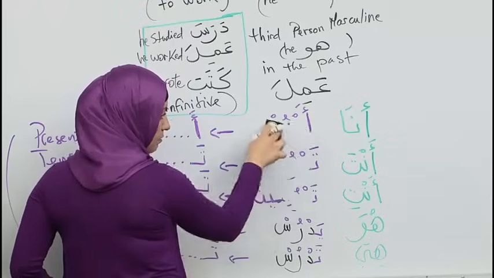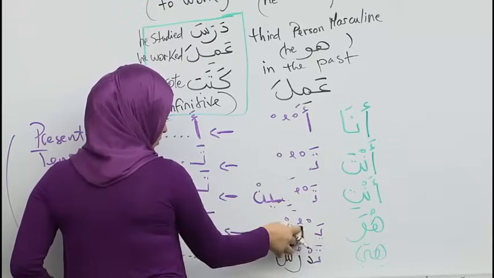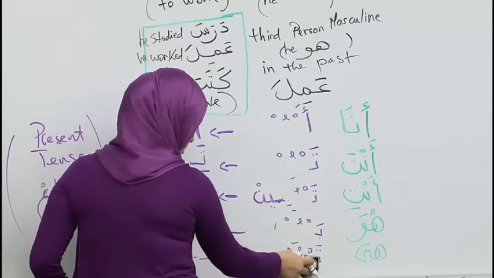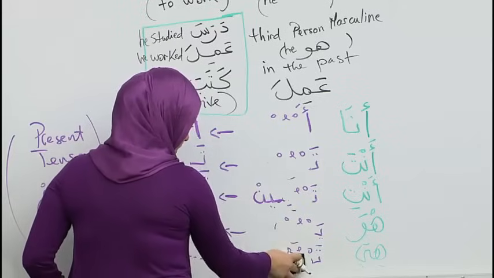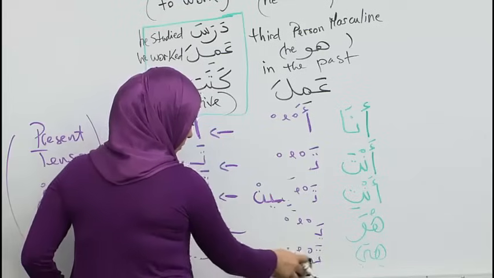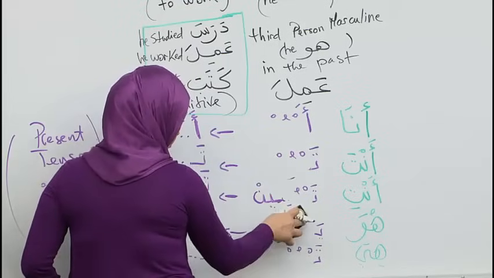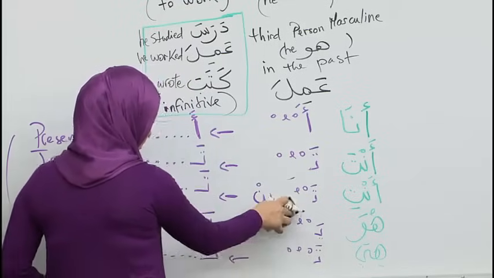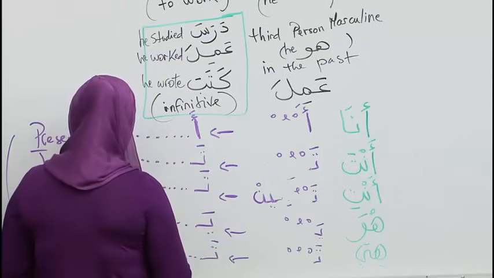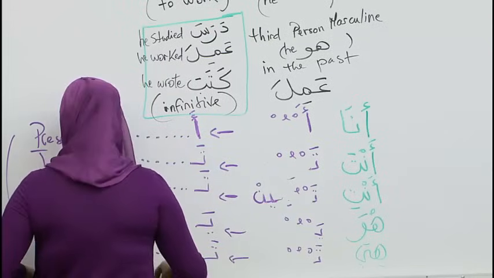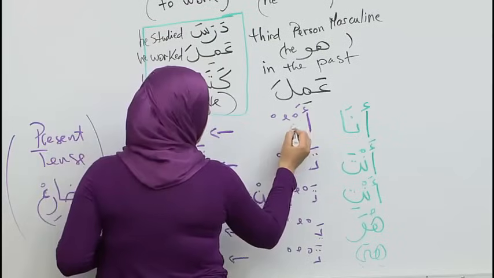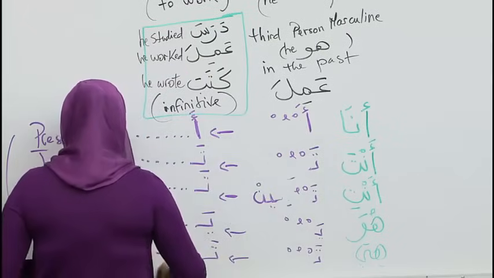Watch, I'm keeping the same vowels. And I'm going to use the verb كتب, to write, or he wrote in Arabic. أكتب.